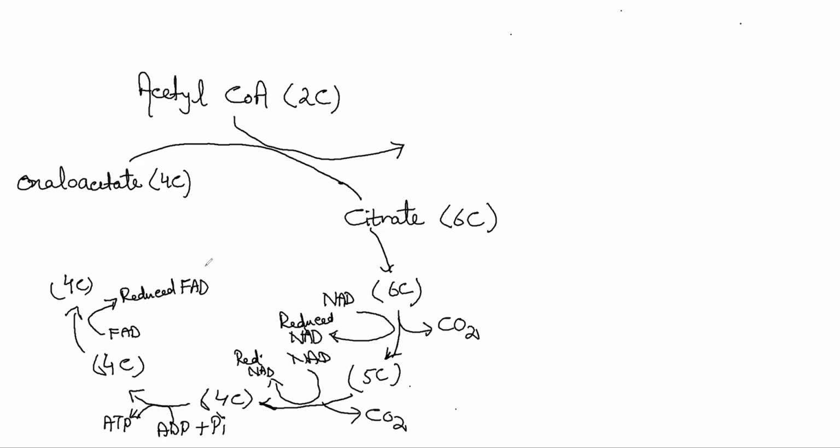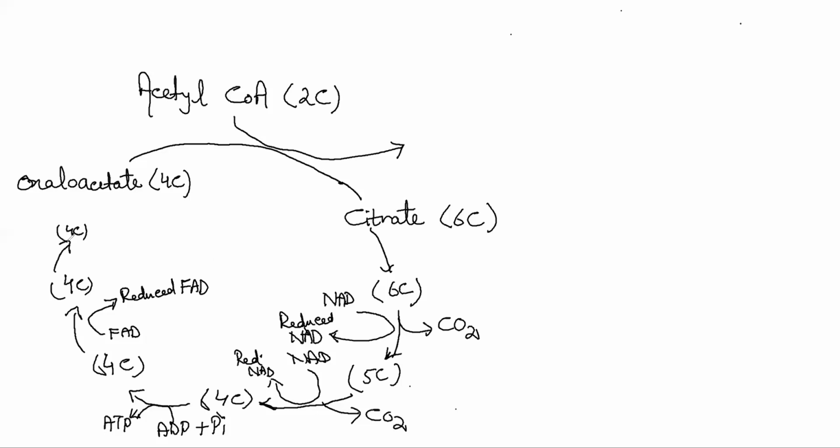Clear? So we saw in glycolysis and the link reaction, the hydrogen carrier involved there was only NAD. Okay, but in the Krebs cycle we see that there is another hydrogen carrier molecule involved, and that is FAD. Just like NAD, when it accepts the hydrogen it becomes reduced, so it changes into reduced FAD. Okay, now this 4 carbon, because of the shortage of space, is once again an intermediate, and that is 4 carbon.